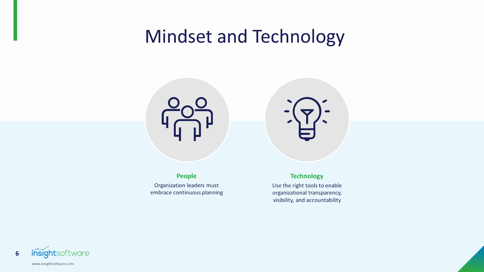The other thing is technology. Excel just isn't going to cut it for medium to large organizations. For those customers who have our software today, you know the difference between going from Excel to a tool that lets you do planning. It's an automated process.